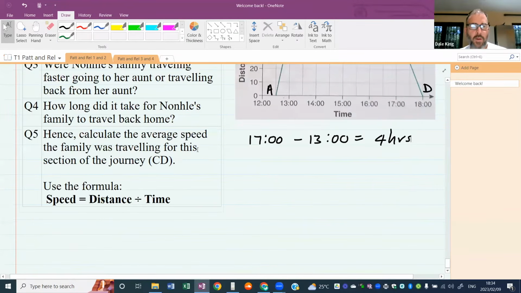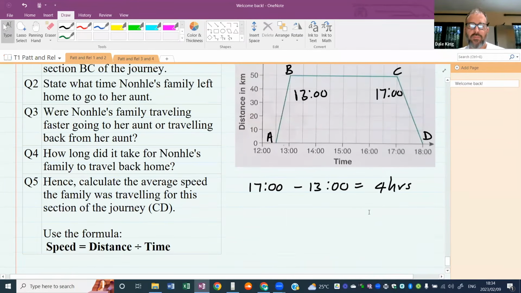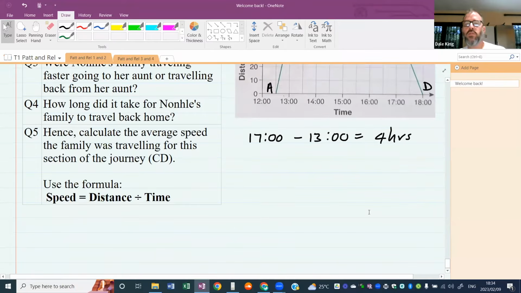Now, I don't know if you guys remember the measurement section. There was one lesson we did there where right at the end of the lesson, we came with a speed equals distance over time question.